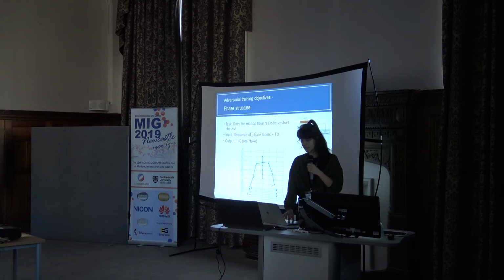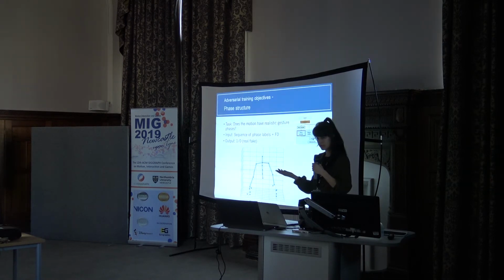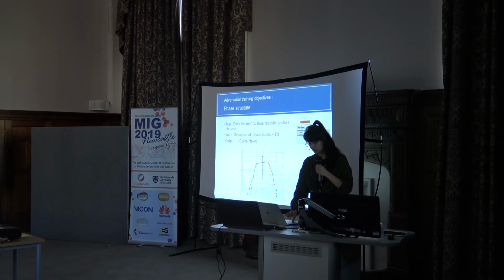The idea is that it enforces realistic gesture dynamics with strokes and holds. When we take it out, in the video I'll play in a minute, with audio, we can see that the motion shows no clear holds or accelerations characteristic of the stroke phase, and the motion appears to also correspond less with the audio.